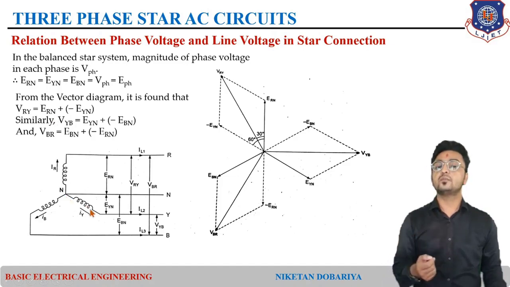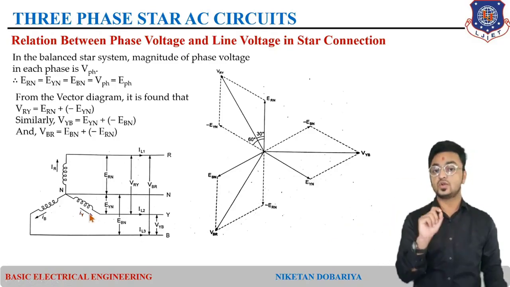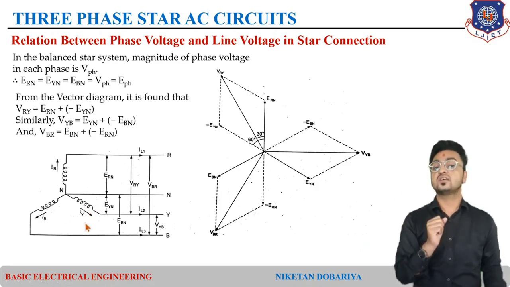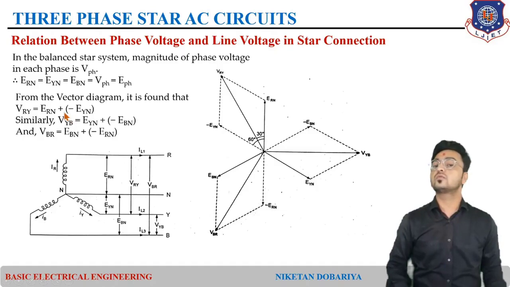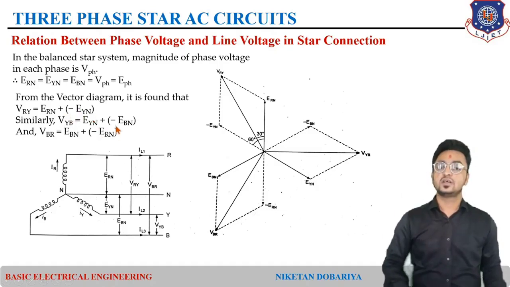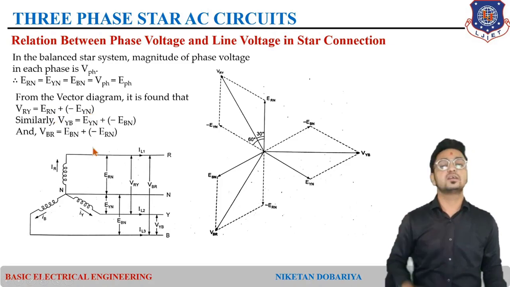Similarly, when we move from N to Y, the voltage across this winding is EYN, but this voltage was measured with reference to Y to N. So we consider the voltage of this branch with a negative sign, that is minus EYN. So that gives us ERN minus EYN.